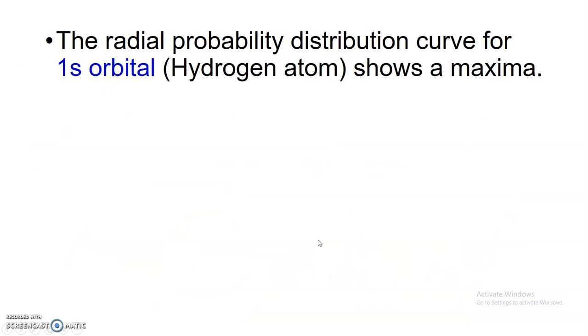So in this way the radial probability distribution curve for 1s orbital, that is for the hydrogen atom, shows a maximum which corresponds to the radius of 1s orbital, and the radius of 1s orbital is 0.529 angstrom.